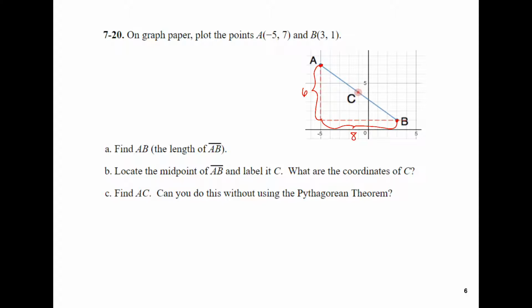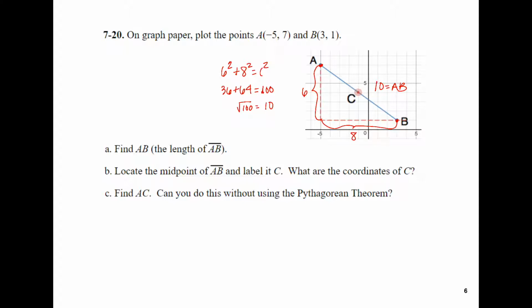I then, because I have a right triangle, can use the Pythagorean theorem. 6 squared plus 8 squared equals c squared. 36 plus 64 equals 100. When we take the square root of 100, we get c equal to 10. So the length of AB is equal to 10 units.